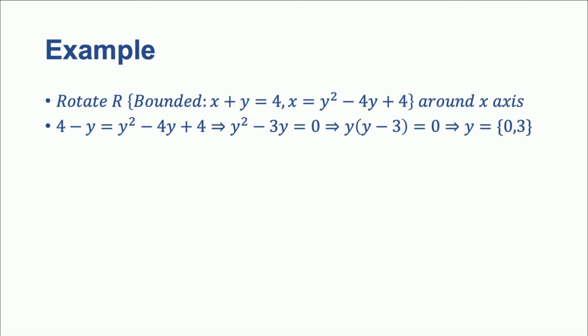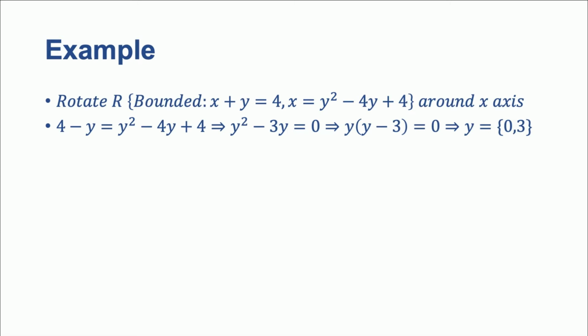Okay, so now we are going to find our points of intersection. To do that, we need to set these curves equal to one another, which means for the first curve, x plus y equals 4, isolating the x variable. We isolate the x variable, set the two equal to one another, and we are left with a quadratic equation that says y squared minus 3y is equal to 0.